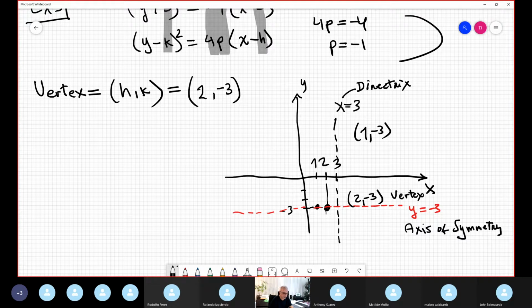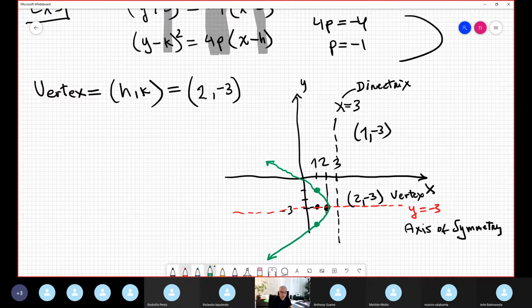Okay. Finally, the endpoints of the focal diameter are on the same line as the focus, but in this case 2 up and 2 down, because 4p is 4. So 2 here and 2 here. Our parabola definitely looks like that. However, I want to find in detail this point and this point.